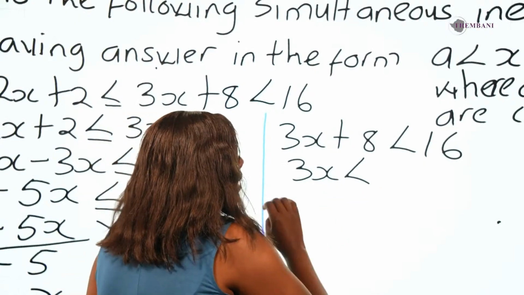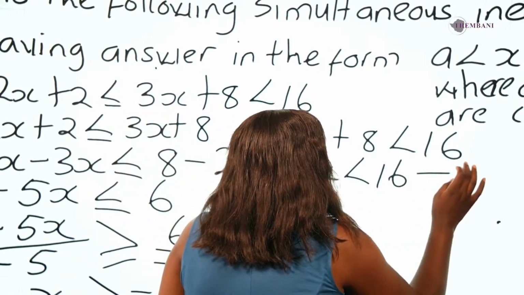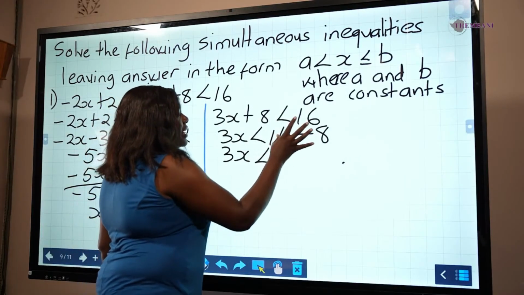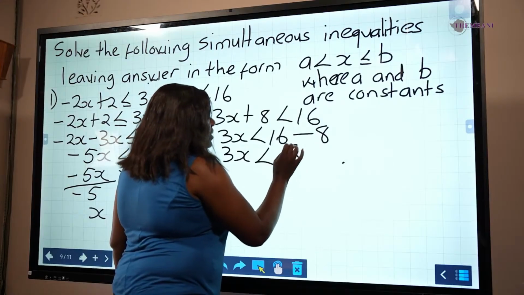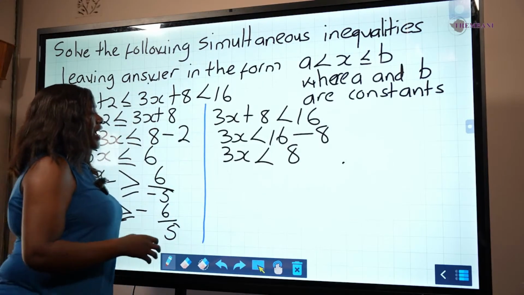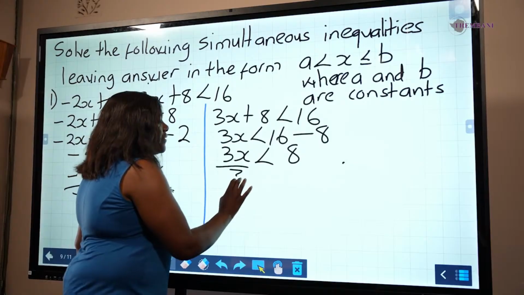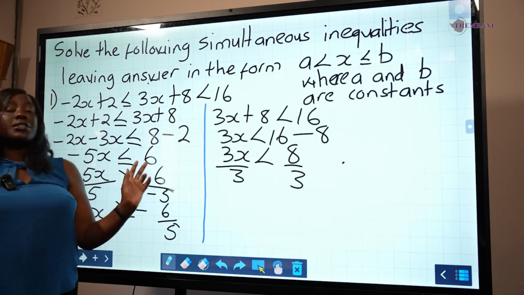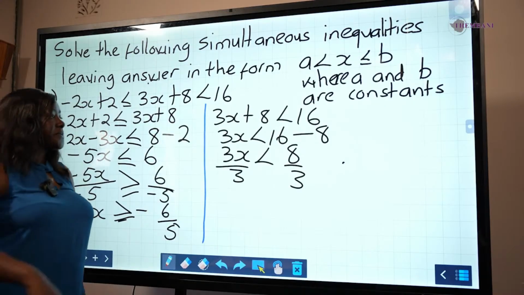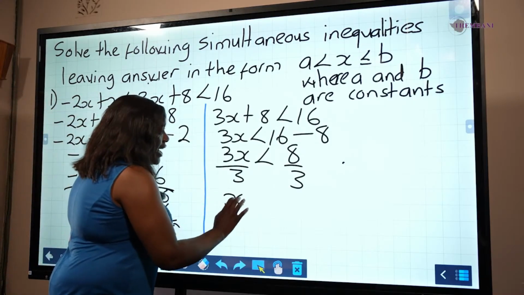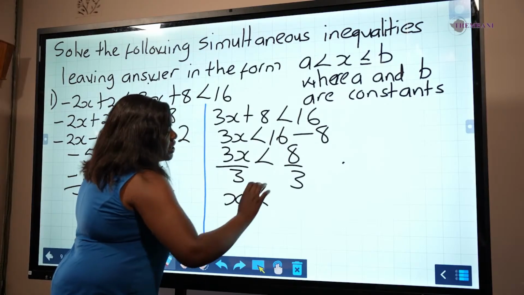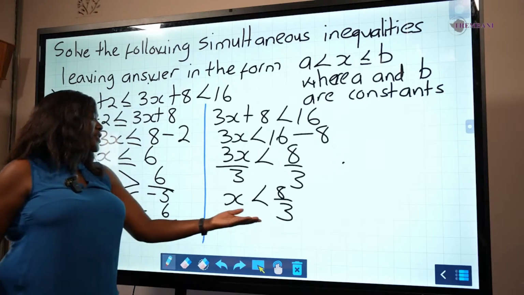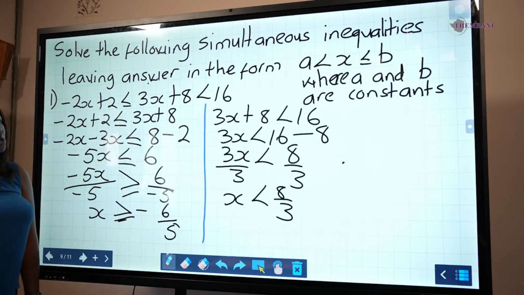We put our inequality sign and we have our 16 minus 8. So this becomes 3x is less than 16 minus 8, which is going to give me a positive 8. And then for me to solve for x, I'm going to divide both sides by 3. Our inequality sign doesn't change direction because we have divided by a positive. So we are going to get x is less than 8 over 3.